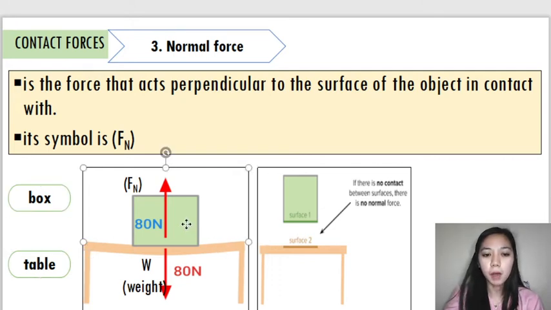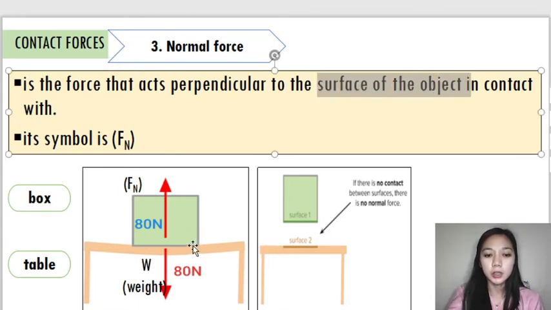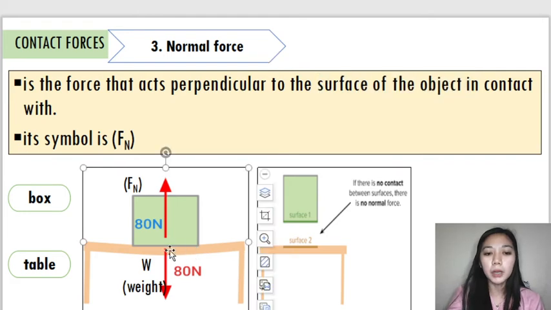So between the box and the table, sino kaya yung mag-exert ng force, ng normal force? Dito, the object that will exert or will apply a normal force is the table o the surface of the table na may contact nito. So, yung table will push the box upward. The direction of the normal force is upward in this case.